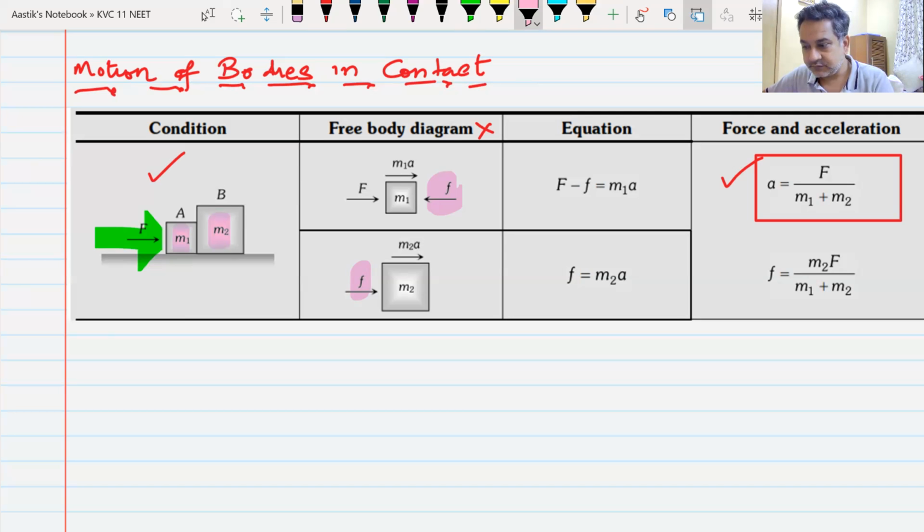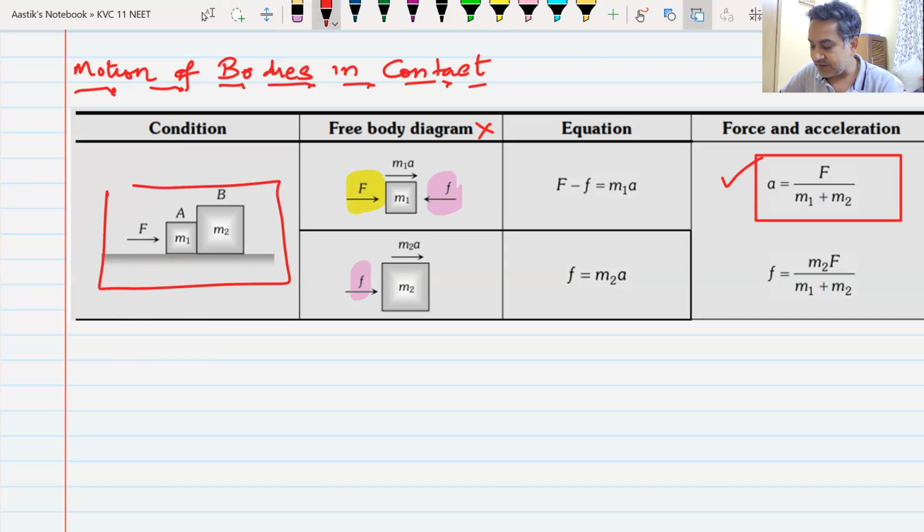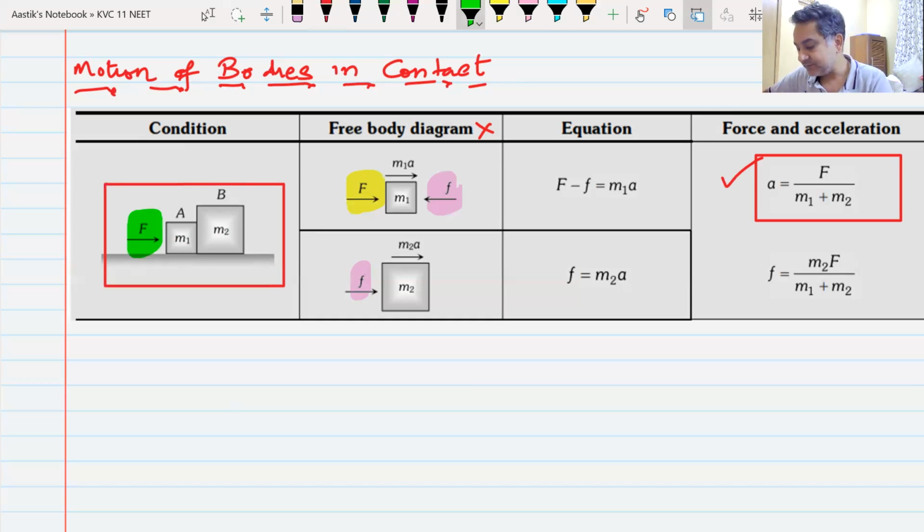Frictional force? Applied force, sir. Then what is this capital F? If you look at the original diagram, F is the applied force.